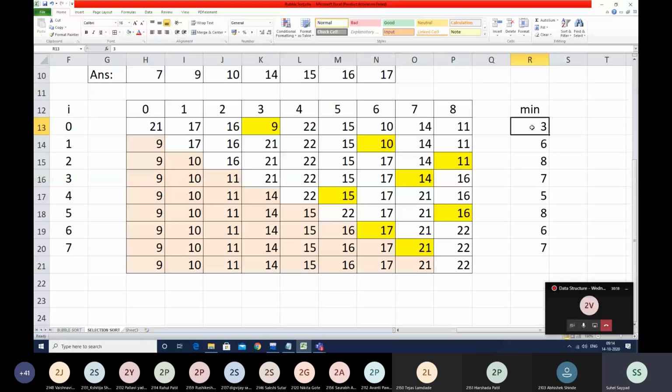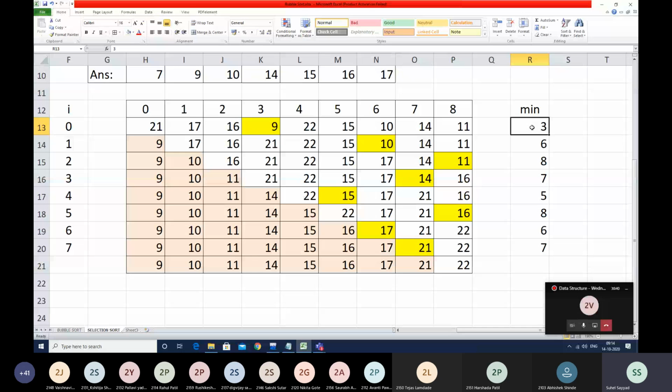Again I compare whether A of 4 is less than A of min, whether 22 is less than 9, no. So I will not update. Whether A of 5 is less than A of min, whether 15 is less than 9, no. Min will not change.